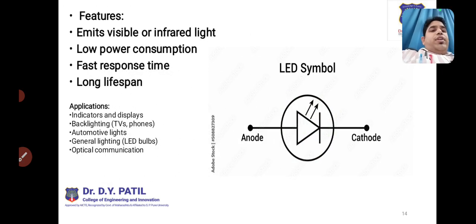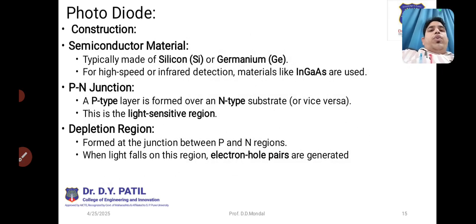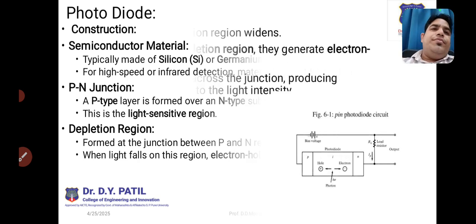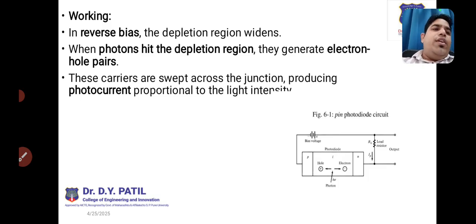Second is the symbol of the photodiode. It is a semiconductor device, a semiconductor component as well. Already we know that the photodiode converts light energy into electrical energy. It is used in street lights. It works in reverse bias.